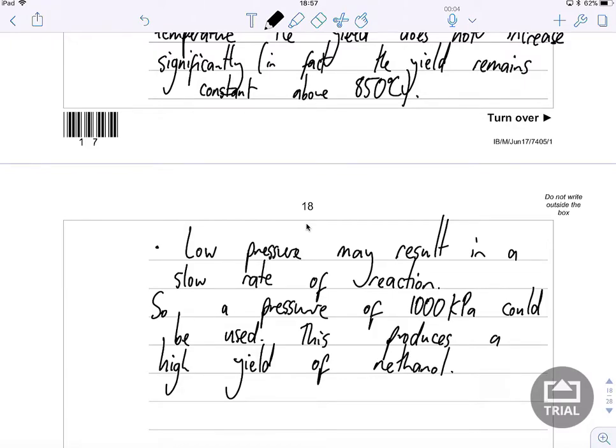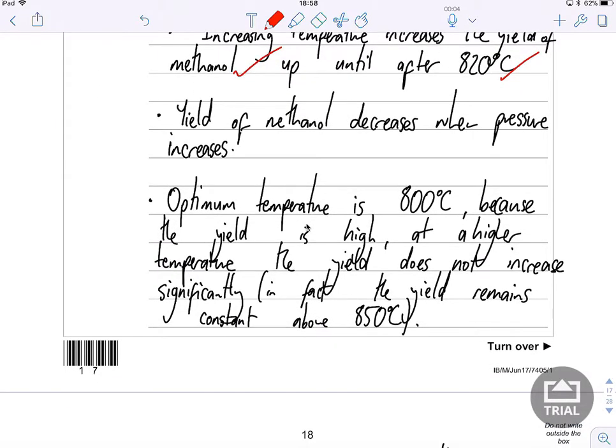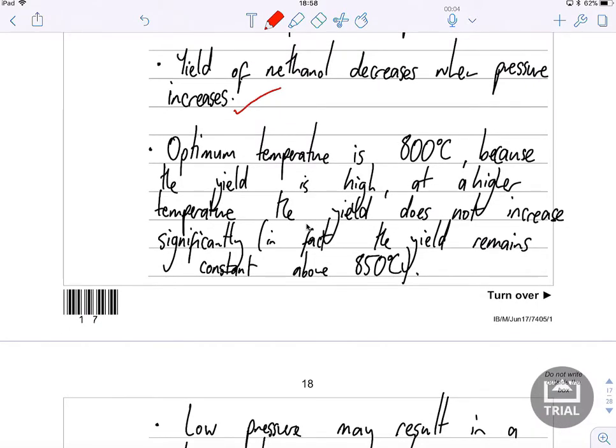Okay, and essentially, if I look at the mark scheme for this, I don't really need to write any more than that. So I basically get a mark for saying increasing the temperature increases the yield until after around about 820 degrees C. I get a mark for saying that the yield of methanol decreases when the pressure increases. I get a mark for suggesting an optimum temperature that's around about 800.